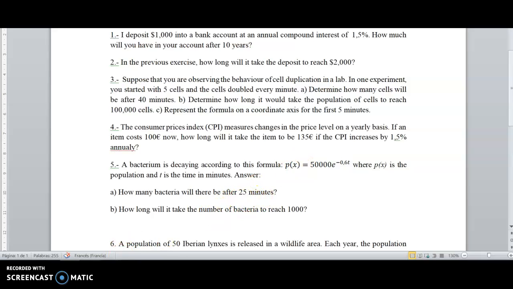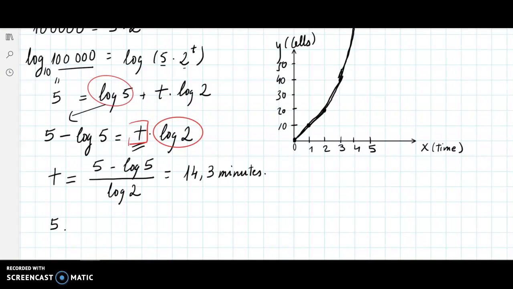So after 25 minutes, we'll have 50,000 multiplied by the number e, the exponential number, to the power of minus 0.6 times 25. The result is approximately 0 bacteria.